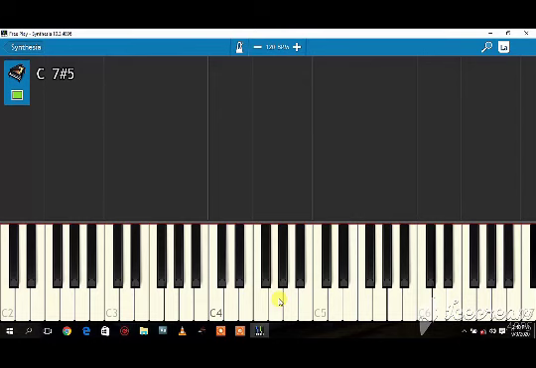What an altered chord is to a classical keyboardist or pianist is different from what a jazz pianist refers to as an altered chord. An altered chord to a classical pianist is a chord that contains a note that is not in the scale.